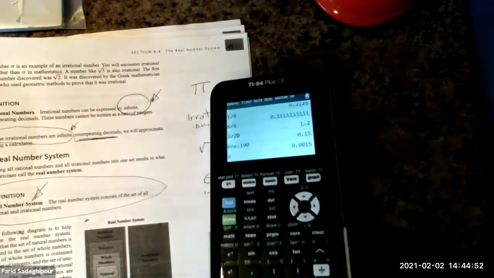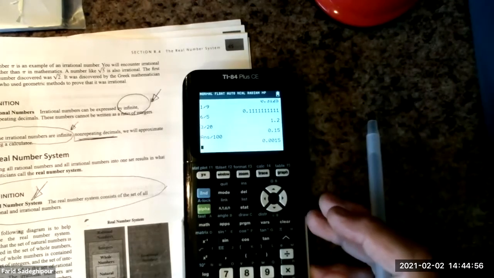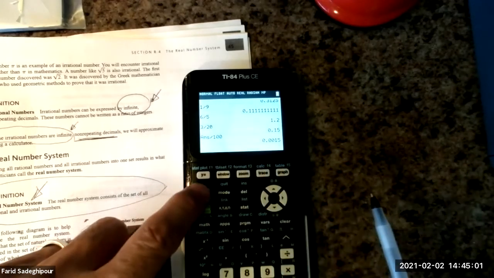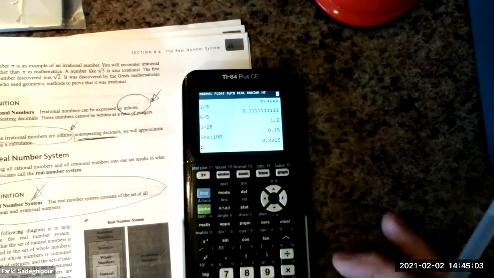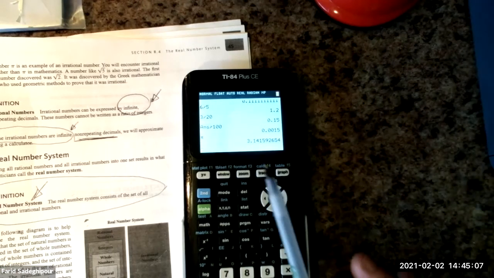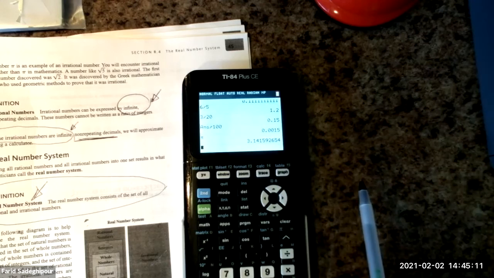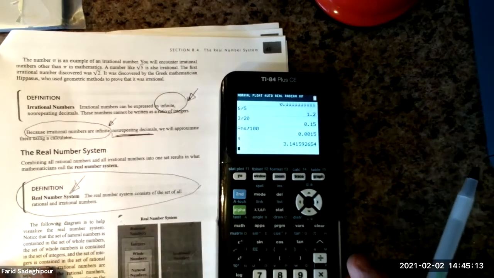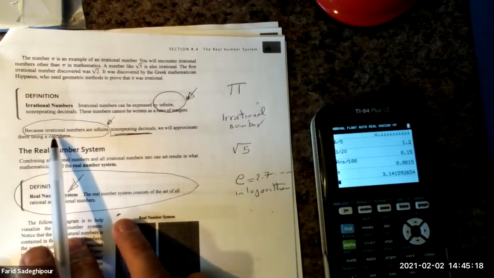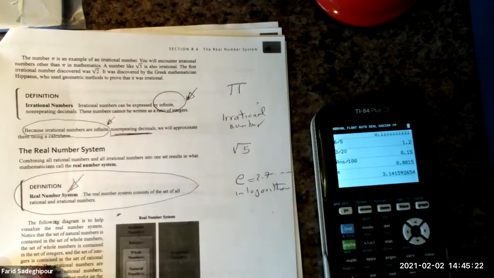It depends on whatever calculator you're using, but on this one, pi is right here, so I have to use the blue key, then pi. Look at the number, 3.1415, it never ends. This is an irrational number. Irrational numbers are infinite, non-repeating decimals.